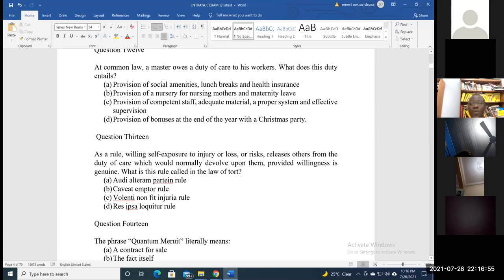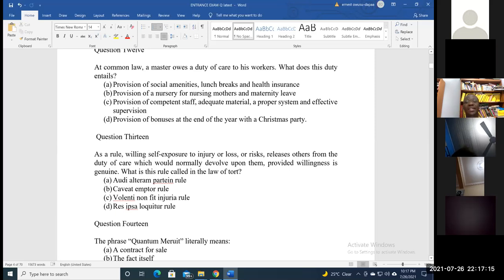So that is what a master owes his workers at common law, to ensure that he employs other working colleagues, other staff who are competent. He makes available the requisite material needed to get the job done.